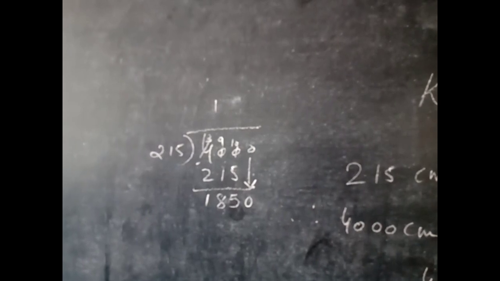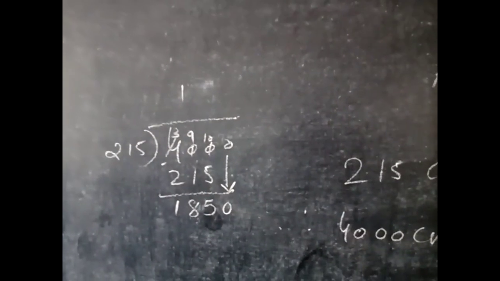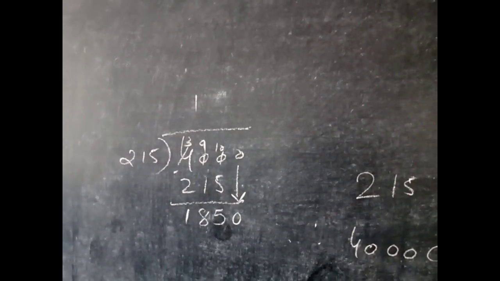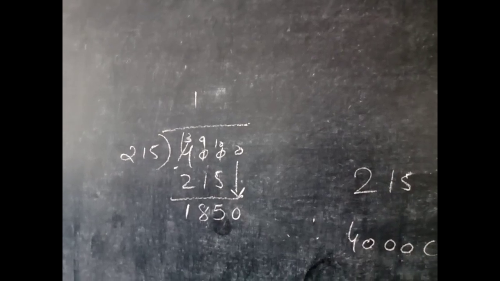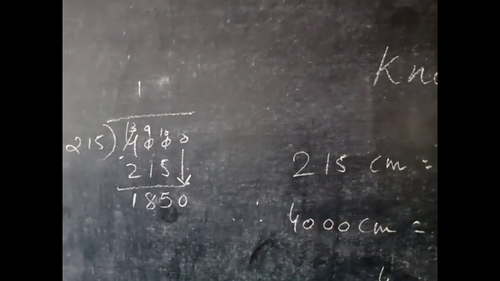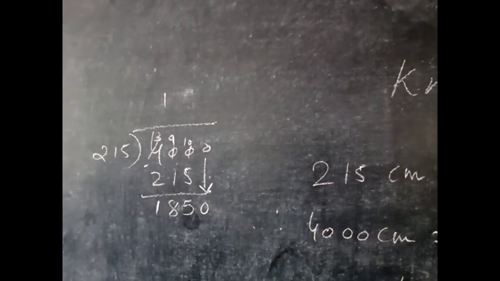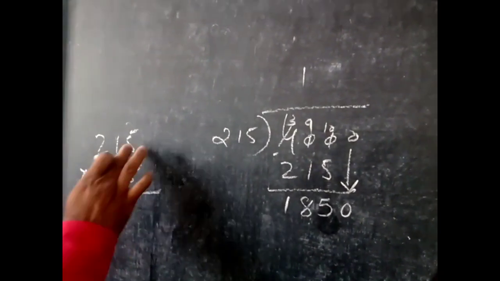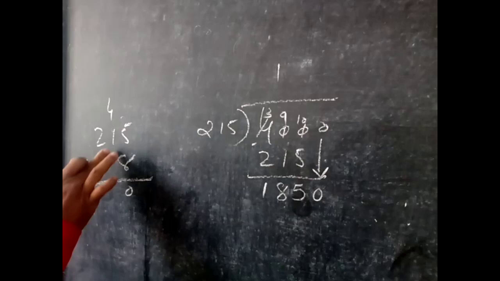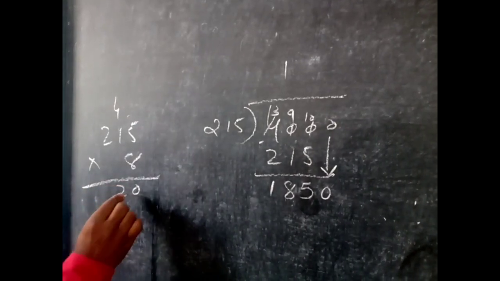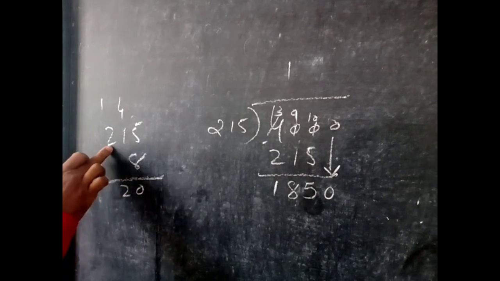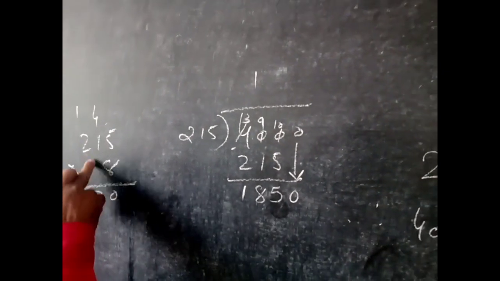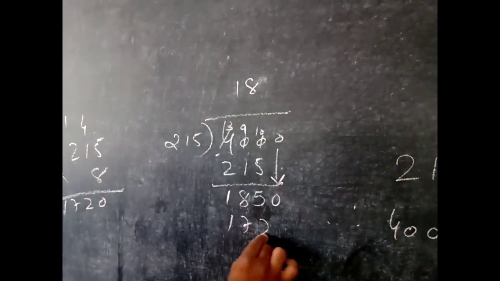We'll try with different numbers, one after one. 215 multiply, maybe we'll try 8. 8 5s are 40, 0, 4, 8 1s are 8 plus 4, 12, so 2, 1. 8 2s are 16 plus 1, 17. 215 8s are 1720.